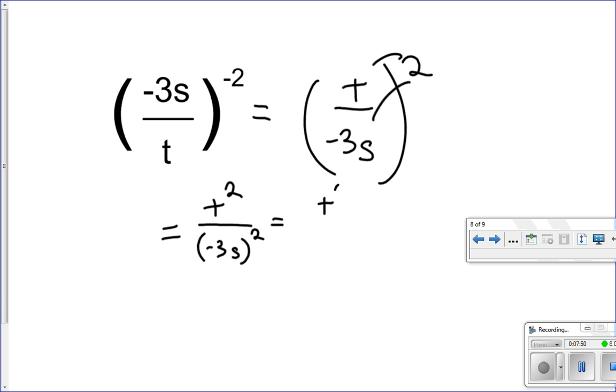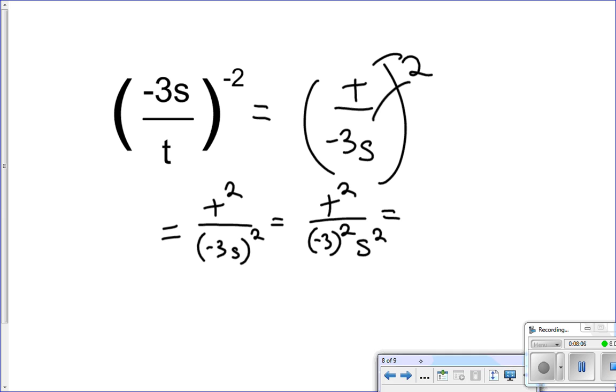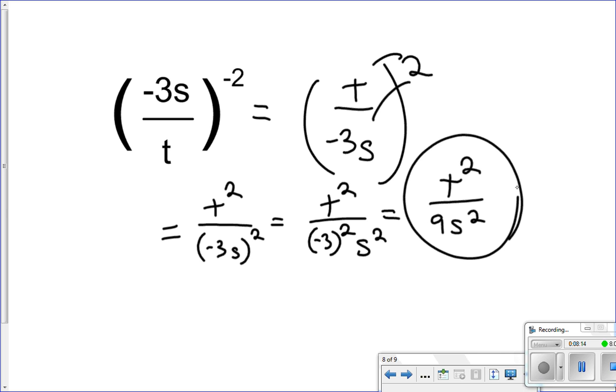So I get t squared on the numerator still, and then I have negative 3 squared times s squared. Or if I simplify that, t squared over 9s squared.